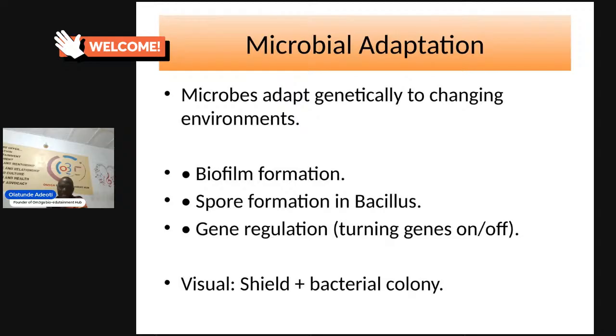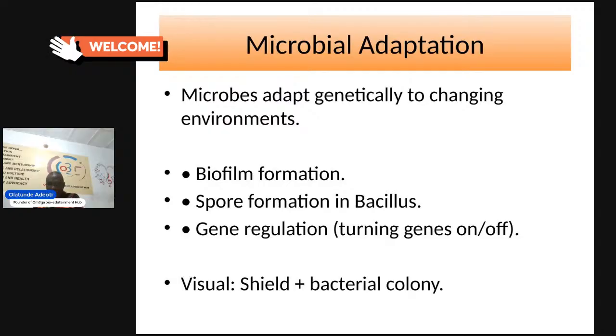Then microbial adaptation. How will microorganisms adapt to the environment? Bacteria will adapt genetically to a changing environment through biofilm formation. You will see some of them continue to exist in a community to form a slippery substance, that is a biofilm.